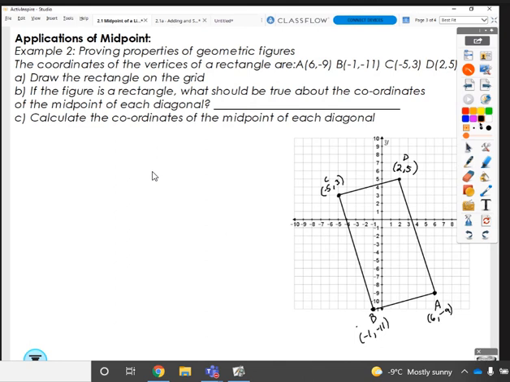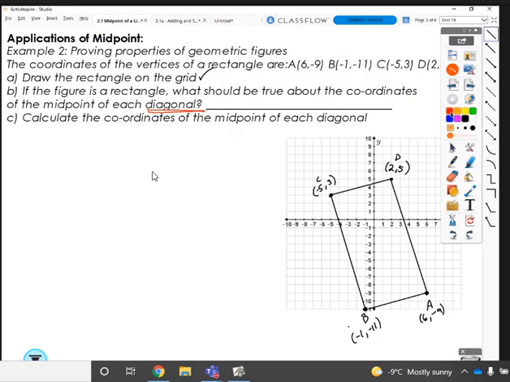Okay, draw the rectangle on the grid. Got it. It says here, if the figure is a rectangle, what should be true about the coordinates of the midpoint of each diagonal? When they say the word diagonal, they're talking about the diagonals that go through this rectangle. Like that right there would be a diagonal. Kind of slices it in half like that.